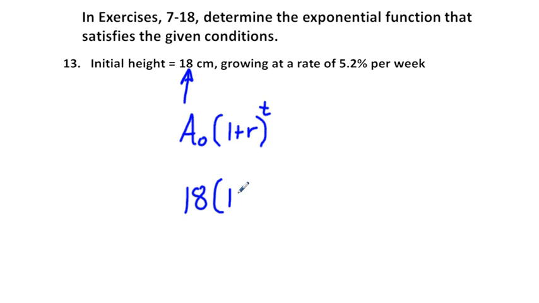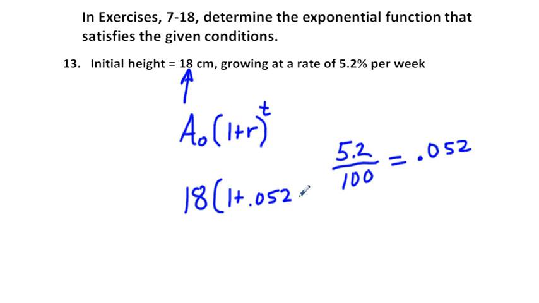So we have 1 plus r. Well, r is going to be 5.2 divided by 100, because that's percent. If we divide that out, we get 0.052. So we put our 0.052 over here, to the power of t for weeks.